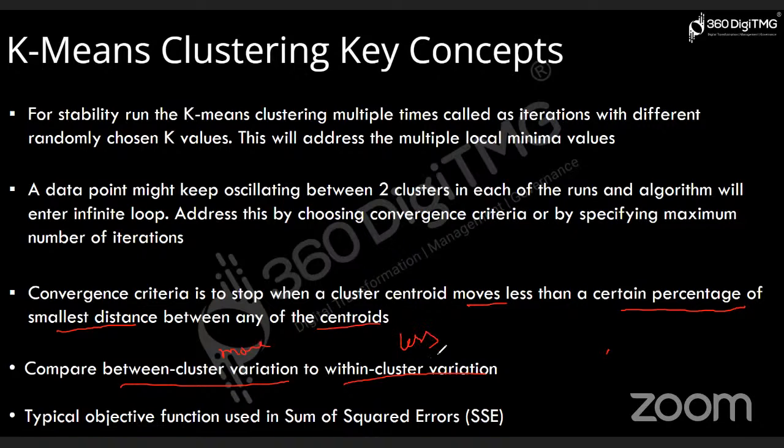If this is not the case, then our clustering is not correctly done. Here the objective function is the sum of squared errors, or variance, and we are trying to minimize this.